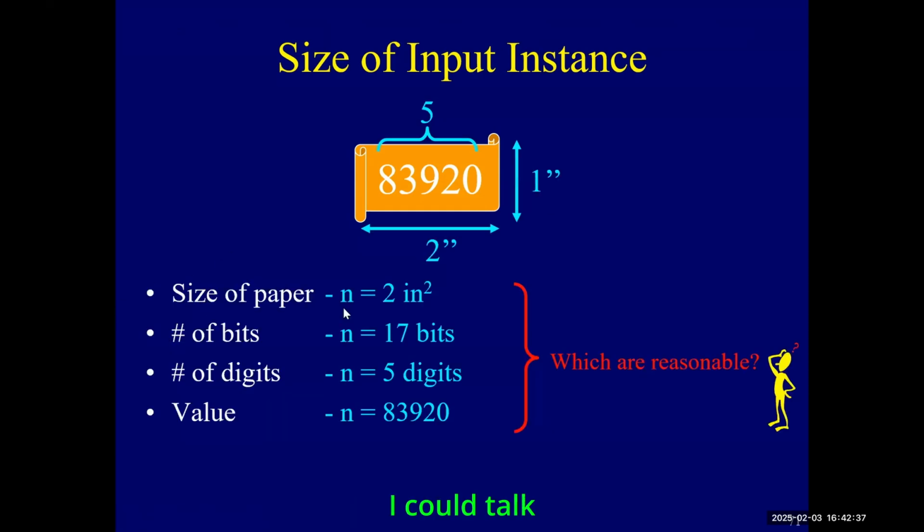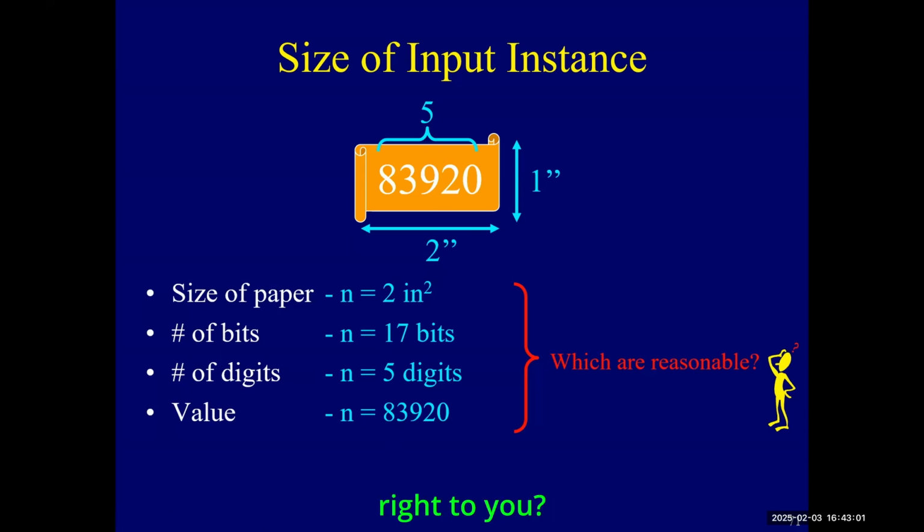I could talk about the area of the paper. I could talk about the number of bits to write it down as 17. I could talk about the number of digits as 5. I could talk about the value as 83,000. Everybody see that these are different ways I could measure this number's size.